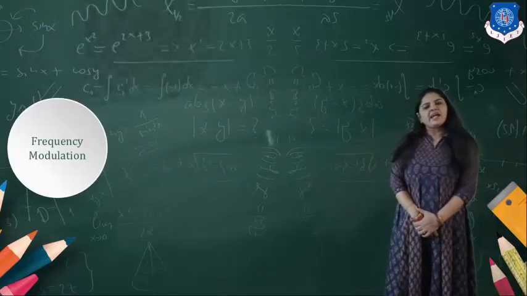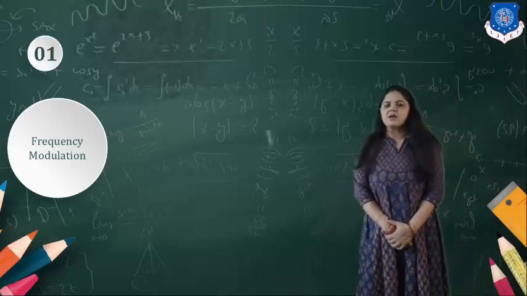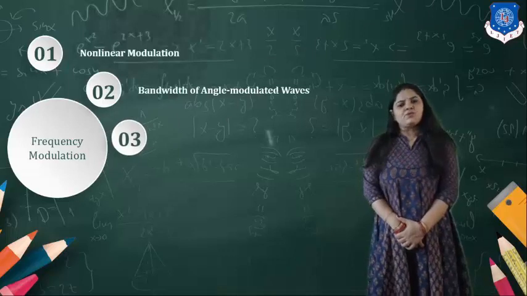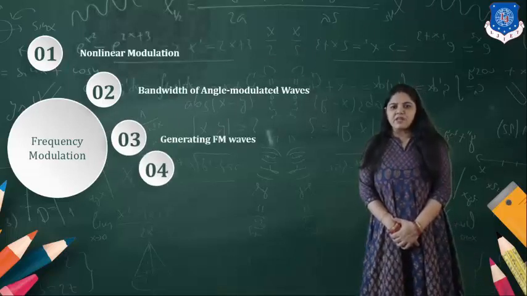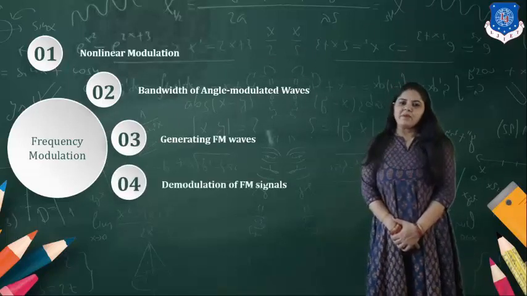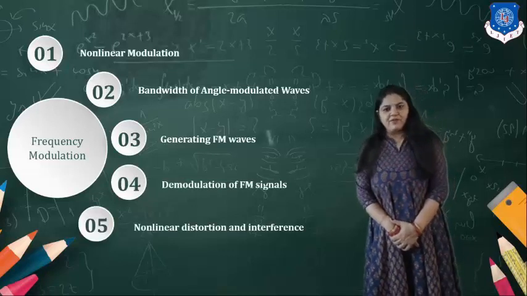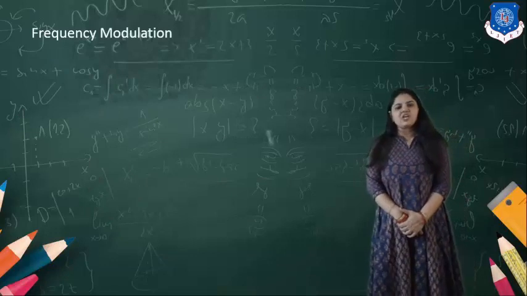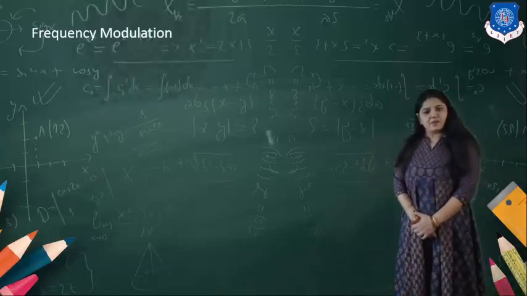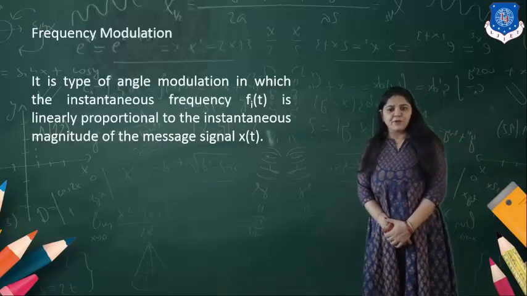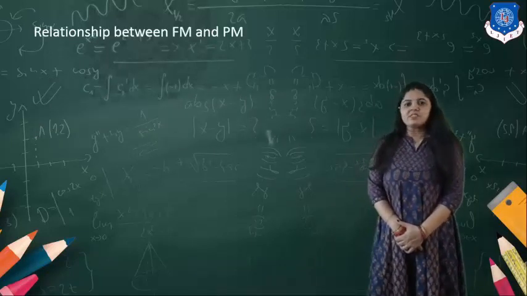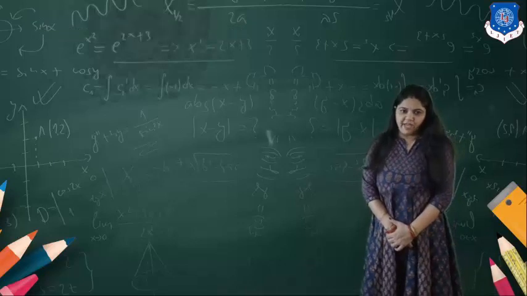In the basic reactance modulator, by varying the L and C components, we are able to vary the frequency and we may generate the FM wave. In case of the varactor diode, by varying the junction capacitance, we may vary the oscillator frequency and generate the frequency modulated wave.